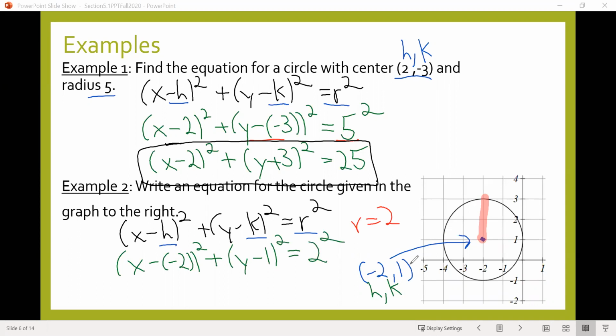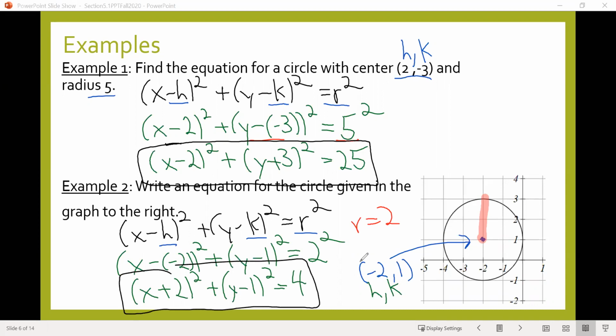And then just like in the last one, we can do a bit of simplifying. The minus minus here would make a plus, so (x + 2)² + (y - 1)², and then the 2² gives us 4. Okay, and that would be our equation there.